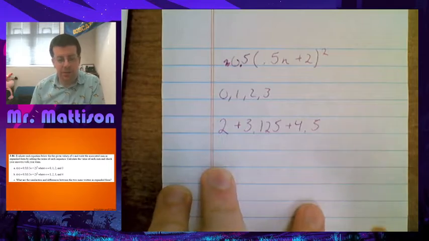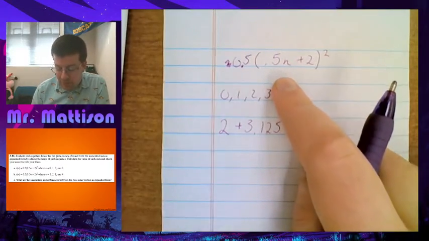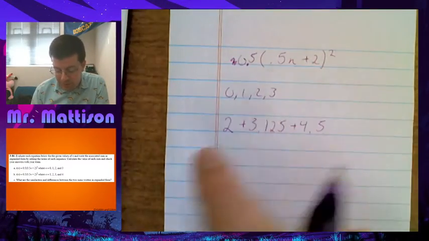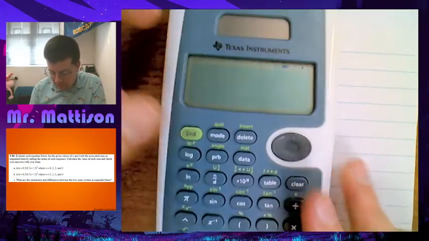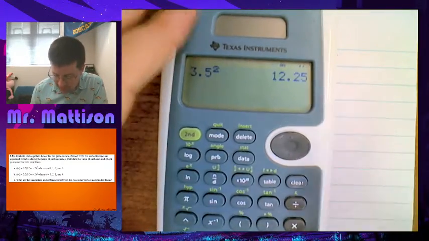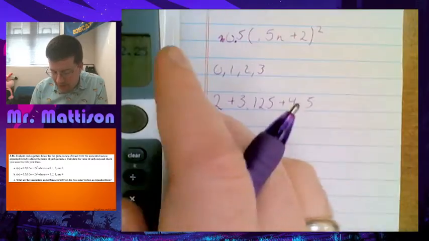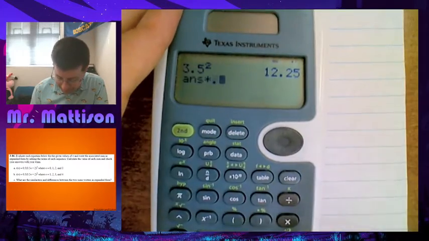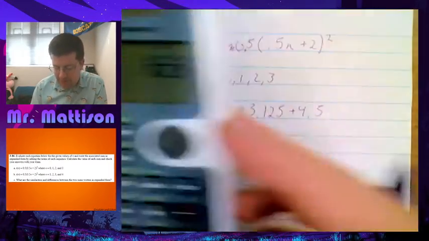And then if I plug in a 3, half of 3 is 1.5. 1.5 plus 2 is 3.5. If I do 3.5 squared times a half, I get 6.125.